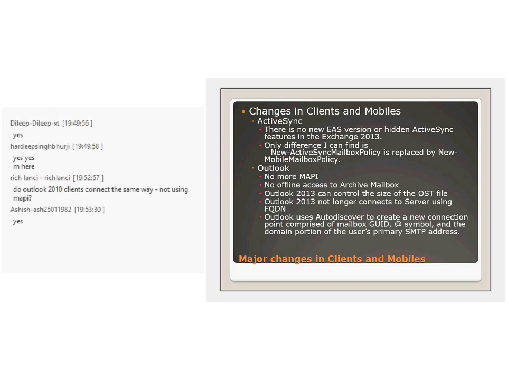So the question was actually whether the Outlook 2010 clients connect the same way. Okay, so let's keep it like this. The client that is going to connect, it is not regarding the version. It is any version that goes to our Exchange server. This is not a client issue. The client is still going to have a MAPI option.